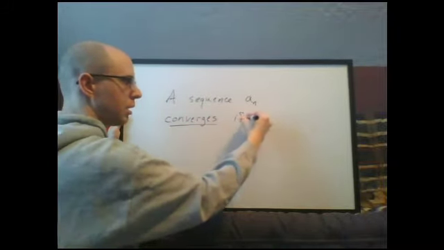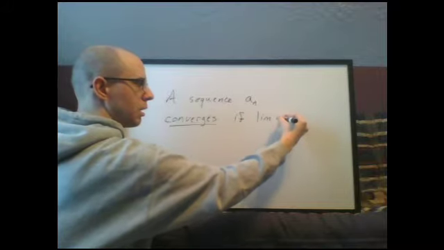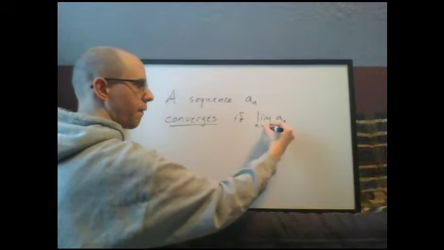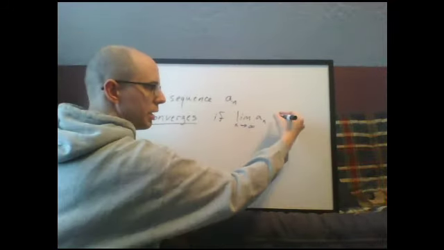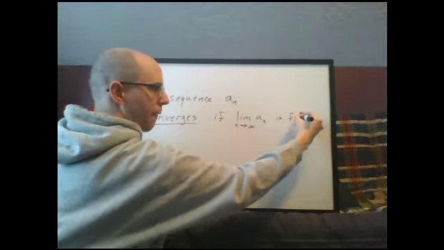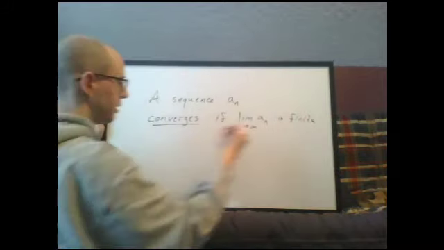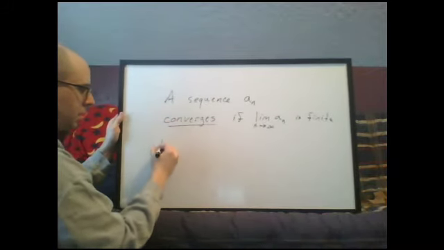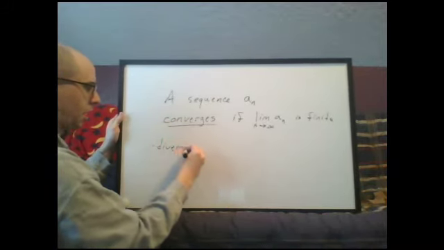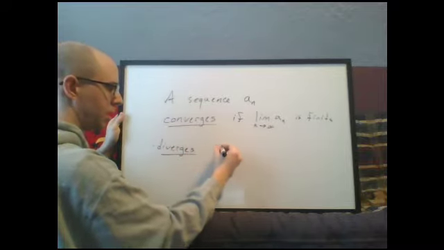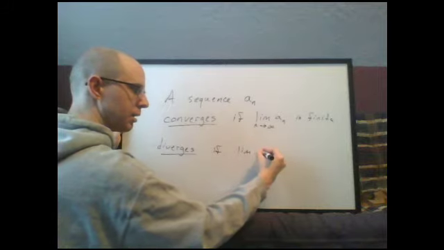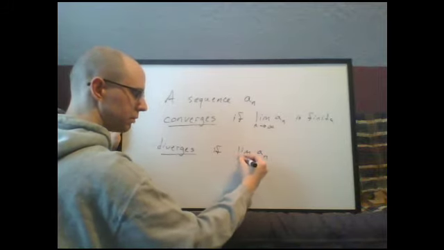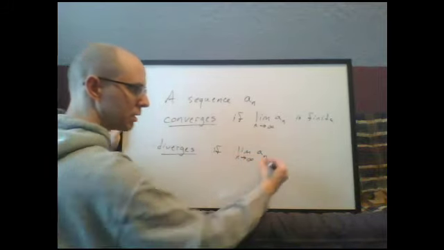converges if the limit of a_n is finite, so it exists and is finite. It diverges if the limit is infinite or otherwise doesn't exist.